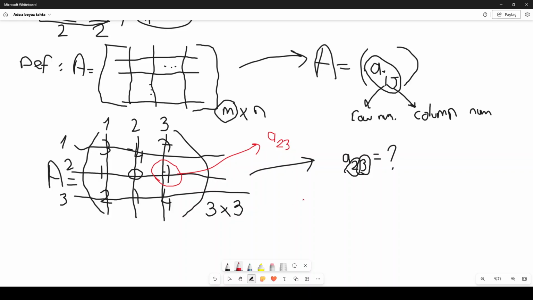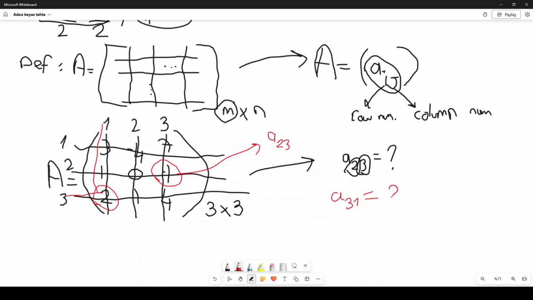So for instance, if I look for the entry a_31, then I find the third row and look at the value where it intersects with the first column. This is the third row and this is the first column, and the value placed at the intersection of these two indices is 2.